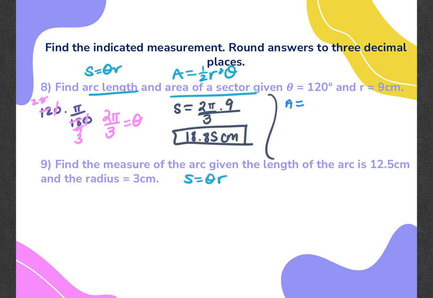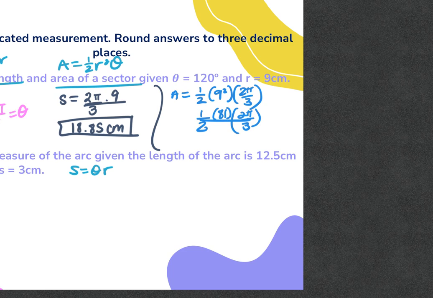And then area, 1/2 times 9 squared times 2 pi over 3. 1/2 times 81 times 2 pi over 3. And again, I can multiply straight across. 81 times 2 times pi divided by 2 times 3, or 6. And I get 84.823. This time it'd be centimeters squared.